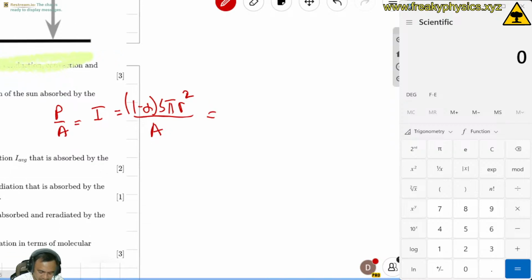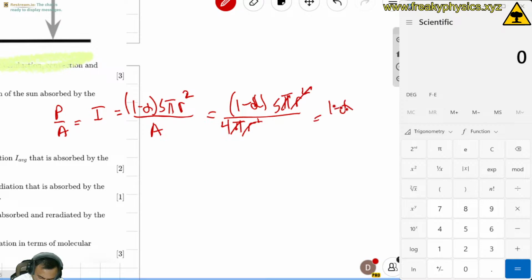However, the area of the Earth will be 4 pi r squared. Then the numerator is still 1 minus alpha times S pi r squared. So what happens? The pi cancels out, r squared cancels out. We're left with 1 minus alpha S all over 4. And that's the solution here.